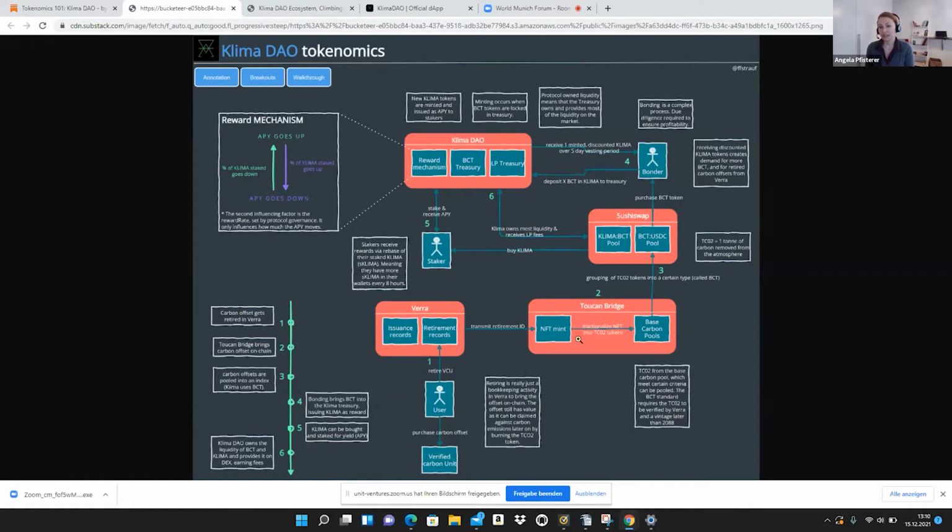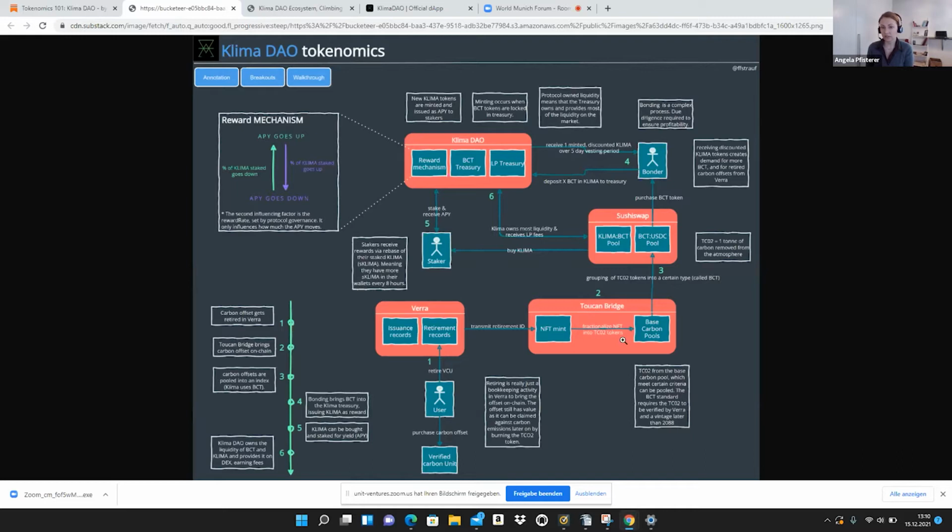And this is a technical part. The NFT would be fractionalized and sliced down to TCO2 tokens. These TCO2 tokens capture far more parameters than the BCT in the end would do, to know what registry the project comes from, what country of origin, is it deforestation.